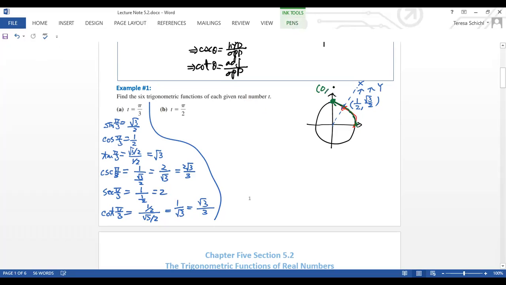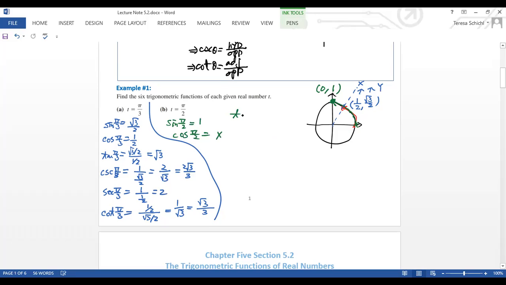It is 0 and 1. Good. Now for the 0 and the 1, let's take a look. Sine pi over 2 is y, so it's 1. Cosine pi over 2 is x, which is 0.